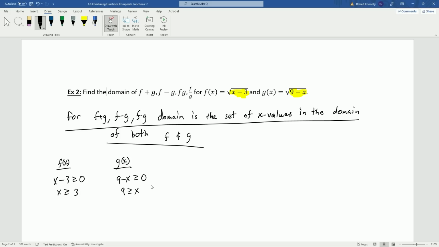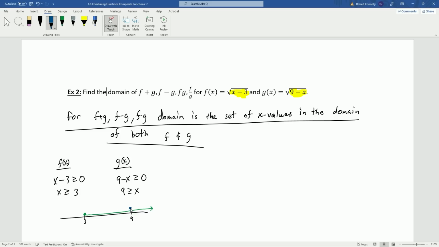So it may help you to draw a number line for this. You may not need to. If you don't, that's fine. But if we look at this, what does this say? X is greater than or equal to 3. So this includes everything on the number line to the right of 3. And this is x is less than or equal to 9.